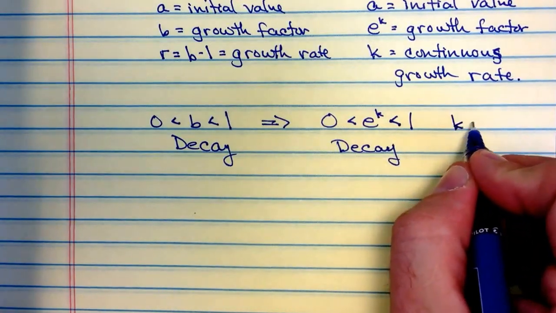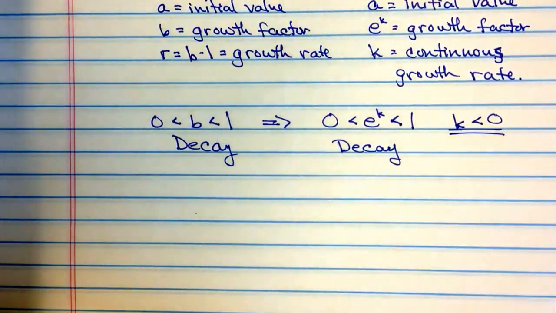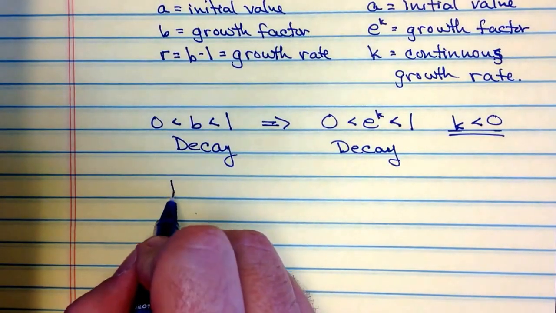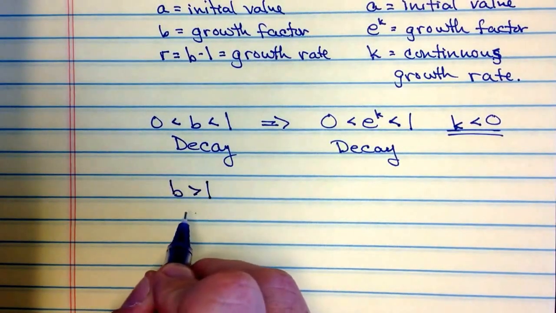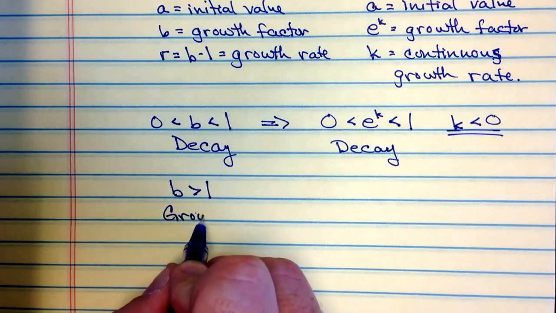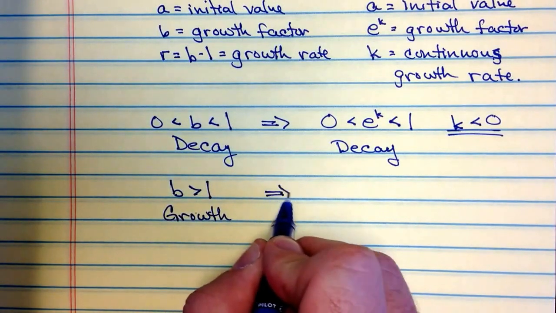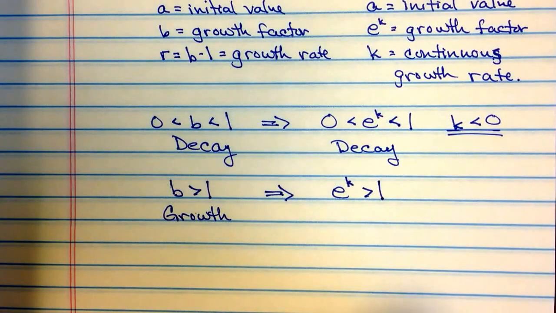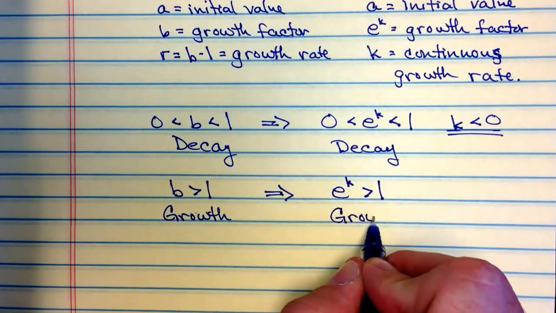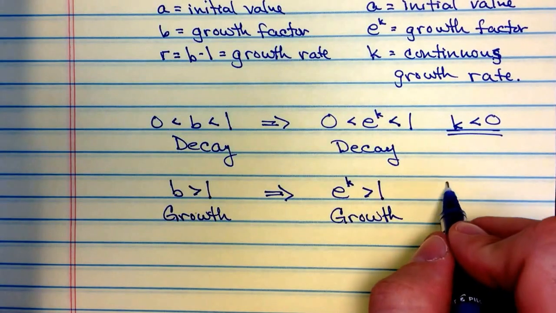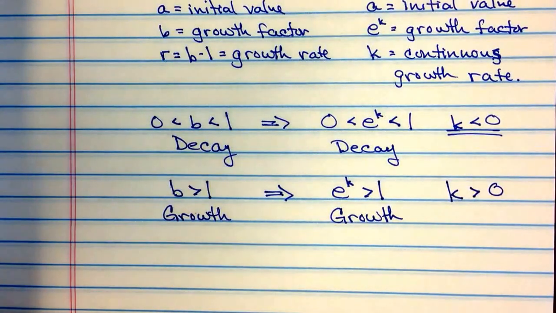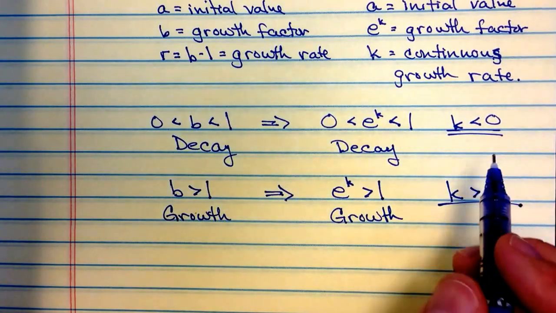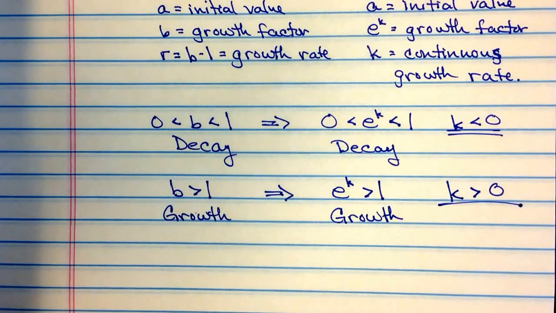That's simple. That means k needs to be negative. So if k is negative, we'll have exponential decay. And on the other side, when we had b bigger than 1, we had growth. So e to the k would need to be bigger than 1 to get growth, and k would need to be positive for that to happen. So when the continuous growth rate is positive, we have growth. When the continuous growth rate is negative, we have decay.